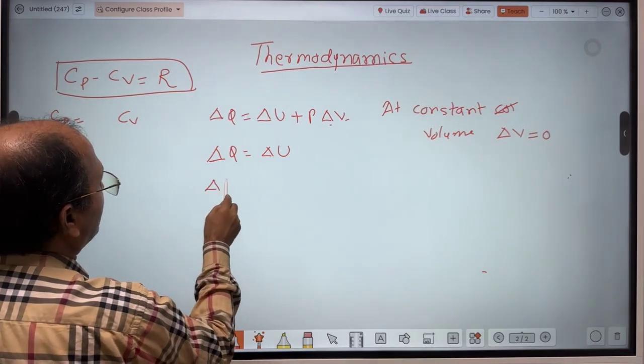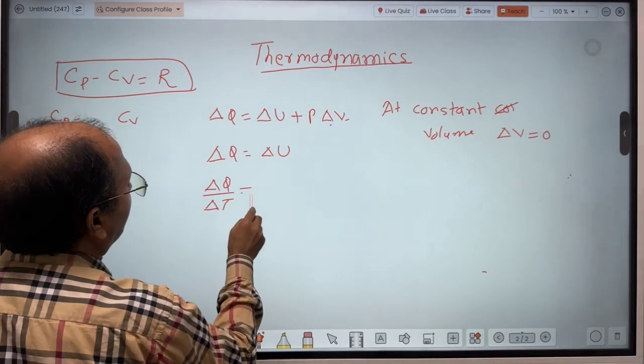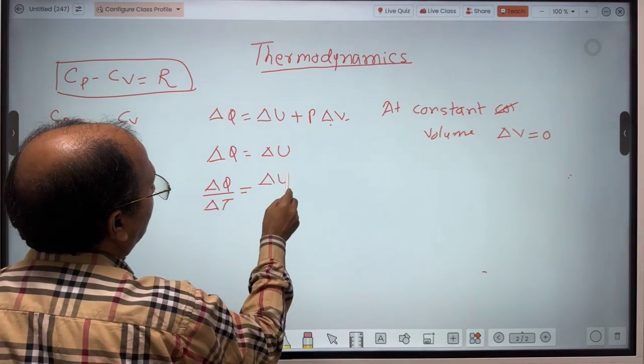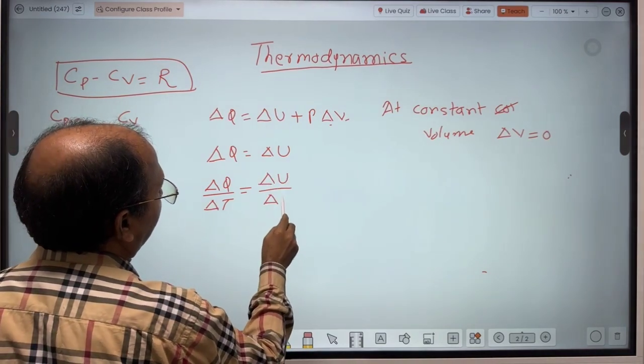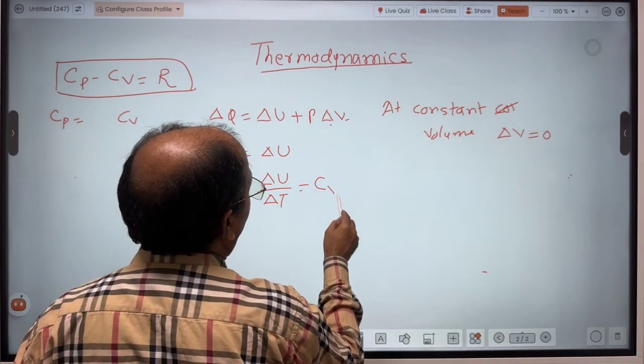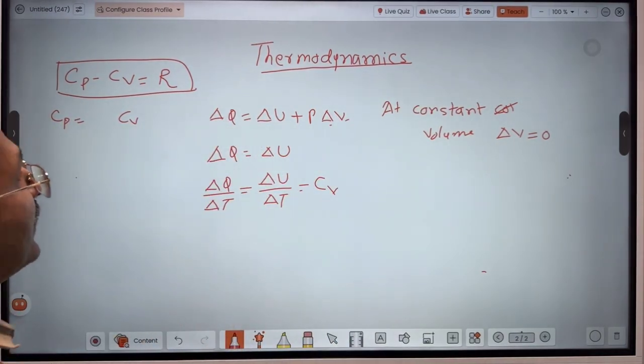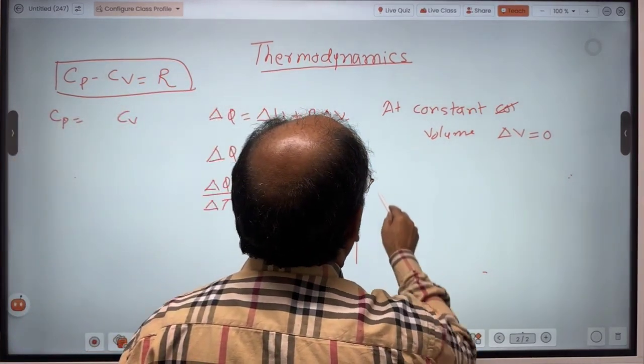So we write delta Q divided by delta T equal to delta U by delta T, right? And this is equal to Cv, right?